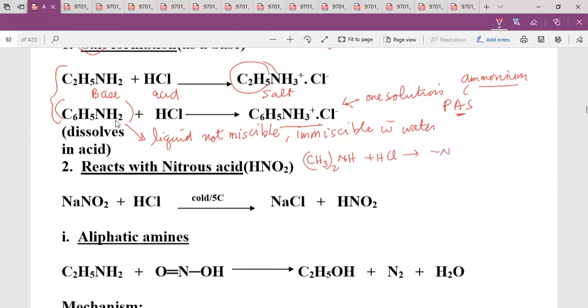Just to make it clearer, H here, positive and dot. Also a salt. This is secondary amine. Tertiary also can form. CH3.